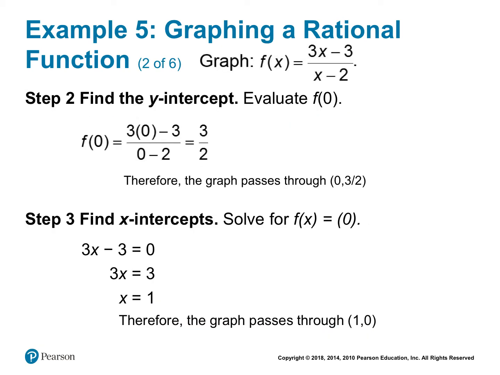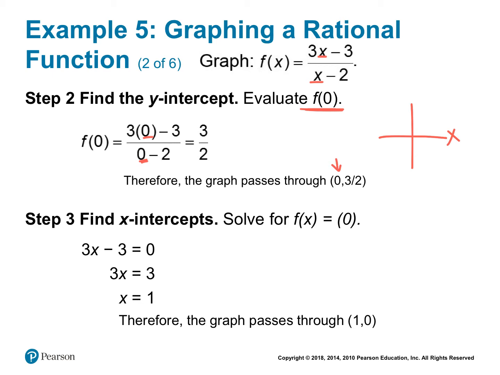Step 2 is to find the y-intercept. To do that, we have to solve for f of 0, because when the x is 0, we'll be able to find our y-intercept. So we replace the x's with zeros here. 3 times 0 is 0, and then minus 3.